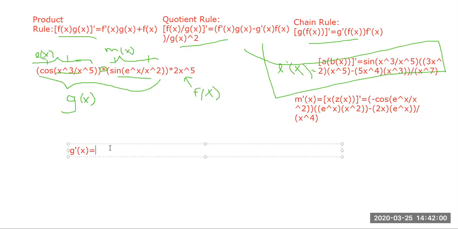So our f prime of x, which we said is going to be our L of x, is all this up here.